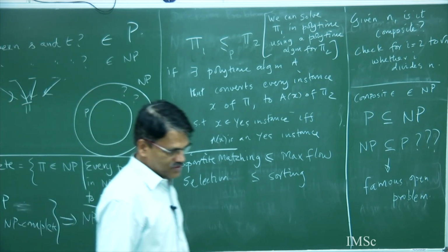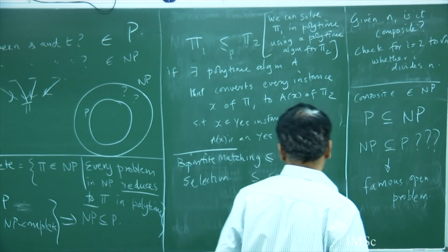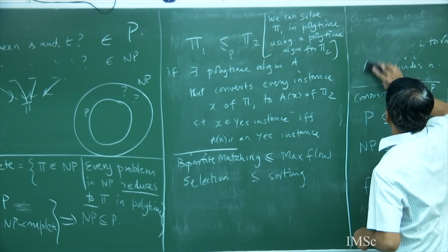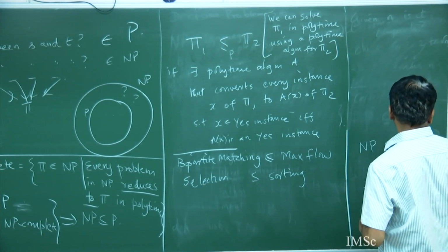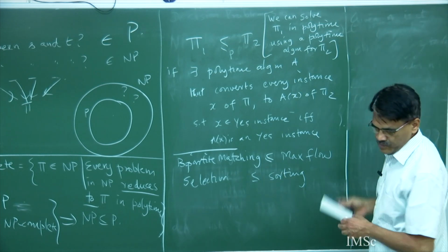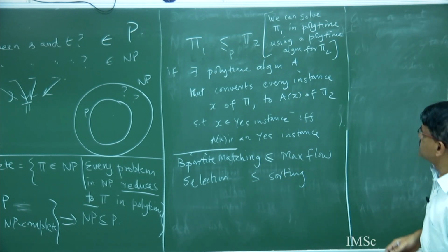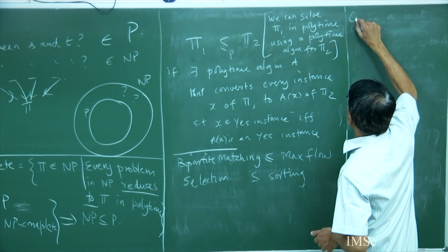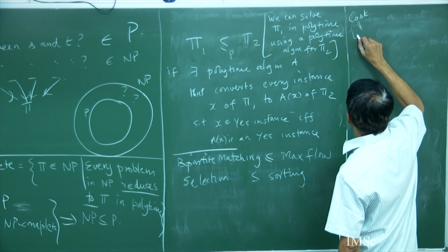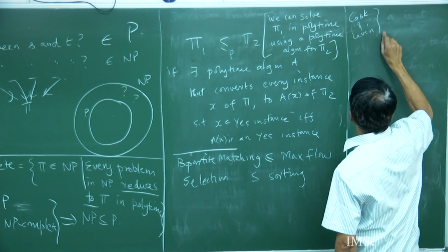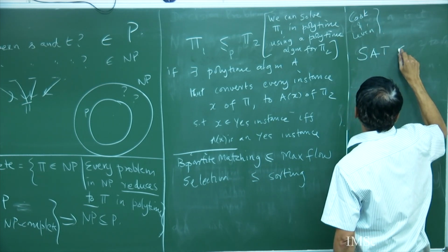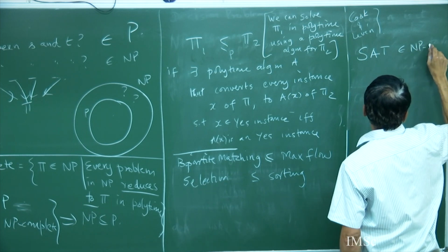And yes, there was this breakthrough result in 1971 by Stephen Cook and Levin independently, who showed the following: SAT is NP complete.